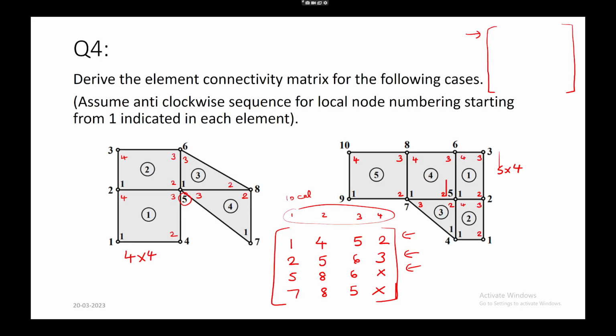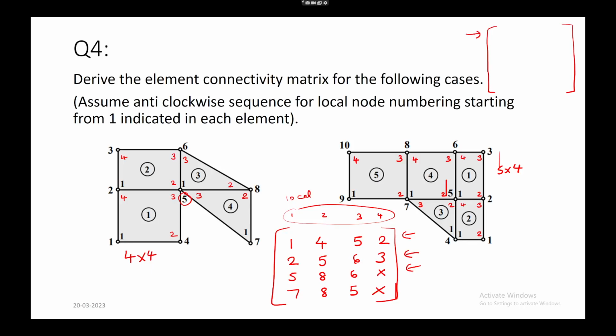What about the fourth? 7, 5, 6, 8. Okay. What about the fifth one? 9, 7, 8, 10. Okay. So I think with these two examples we have seen how to derive the element connectivity matrix for any domain which is discretized into any number of elements.